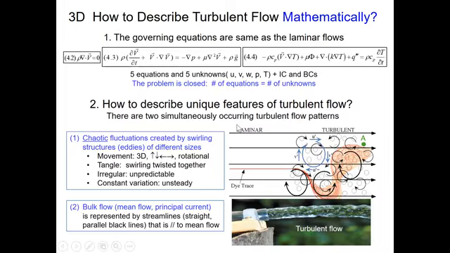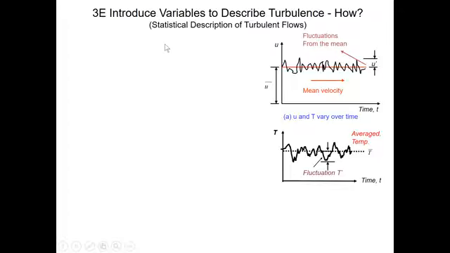So these two simultaneously occurring turbulent flow patterns, one mean, the other fluctuation, give us an idea on how to describe the uniqueness of turbulent flow.